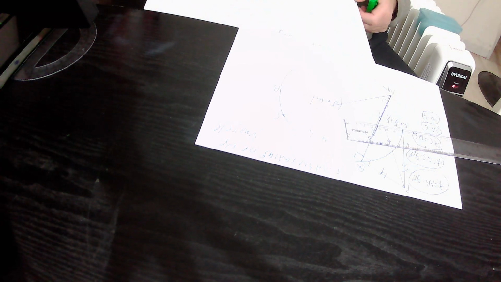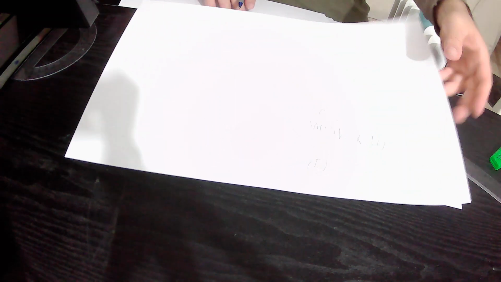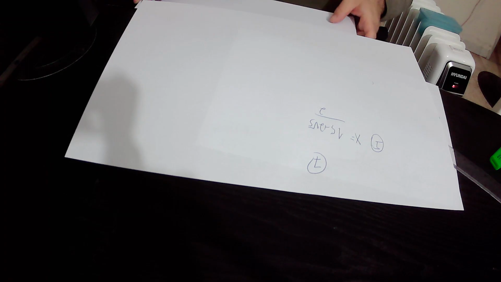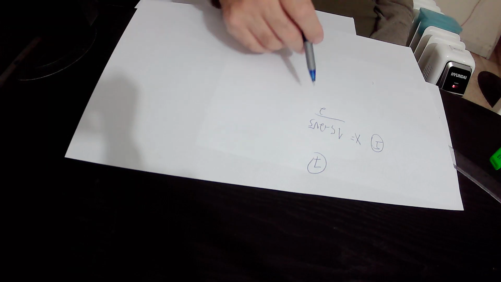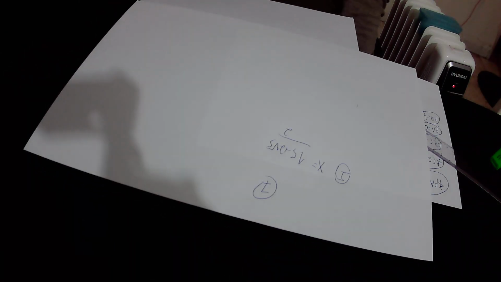Actually we found out that x, that is the radius of the semicircle and the circle also, equals (15 plus 2 times square root of 5) over 4.